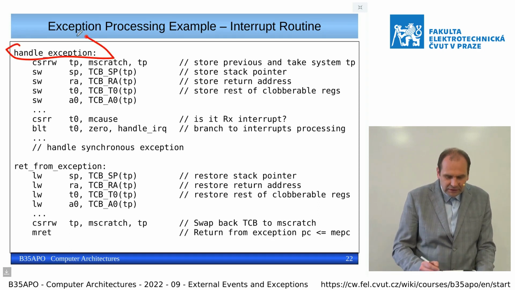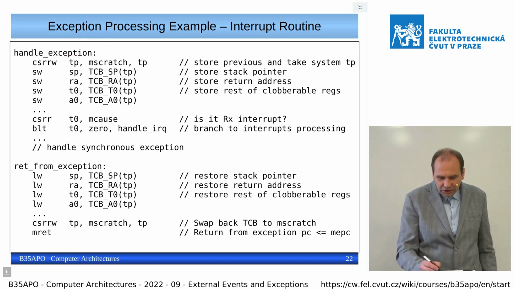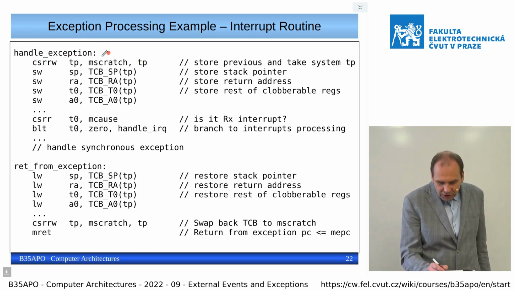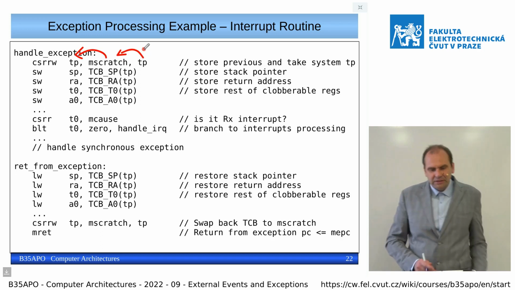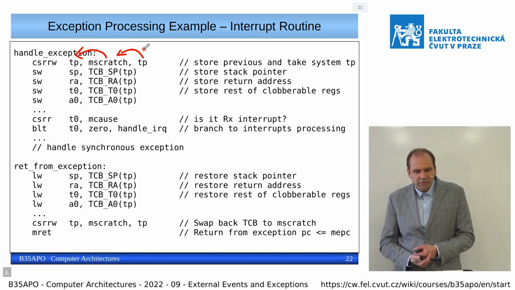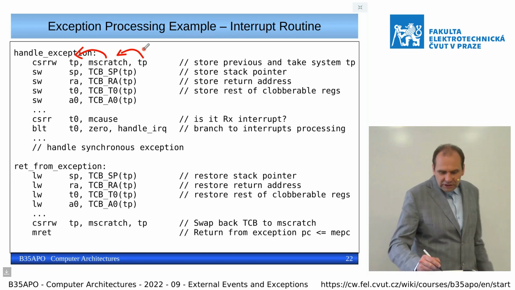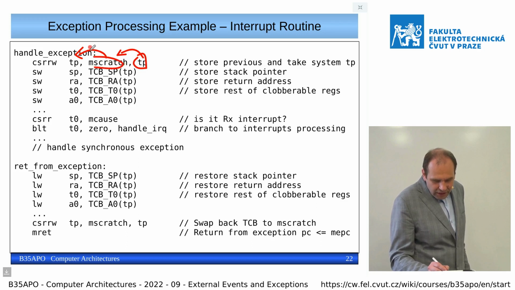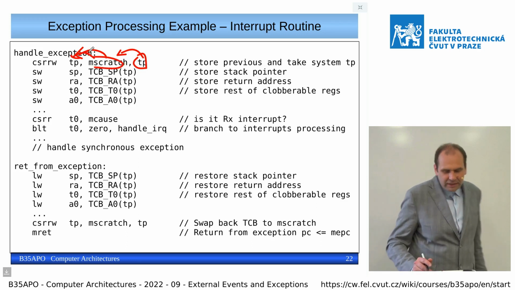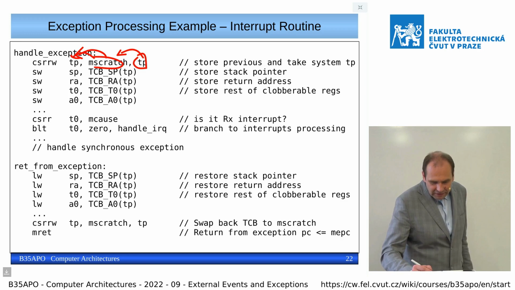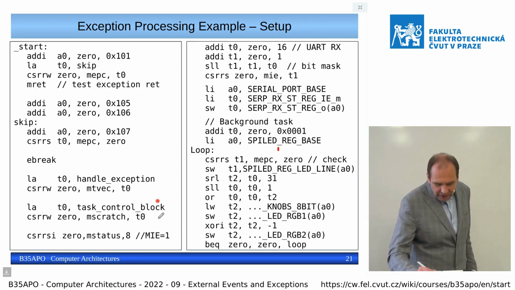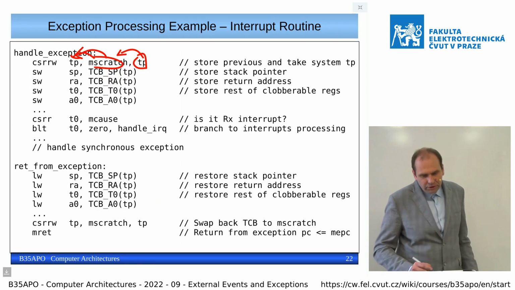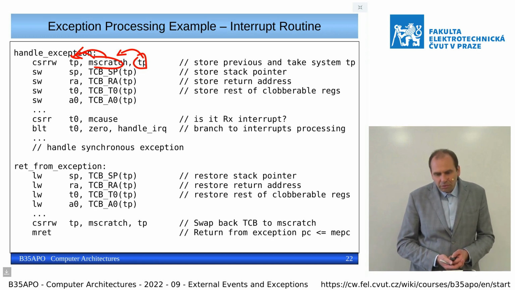And the first instruction swaps the scratch register with the thread pointer. So this way we have in fact preserved the user thread pointer in the mscratch and taken a previous address which we have prepared here in the scratch, the pointer to the task control block.